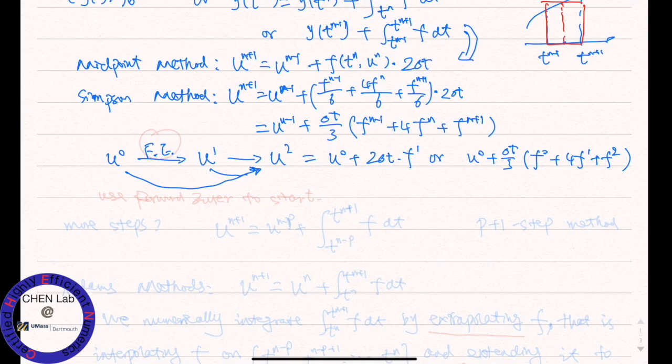So this is to say that we use a forward Euler to start, which is usually necessary for multi-step methods, because in the beginning you only have one step, u0, right?